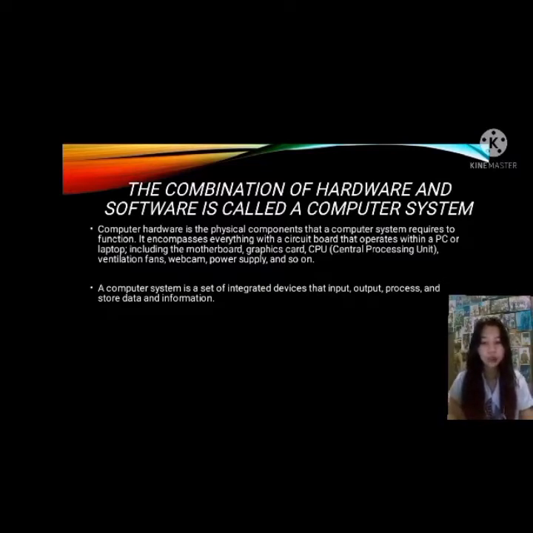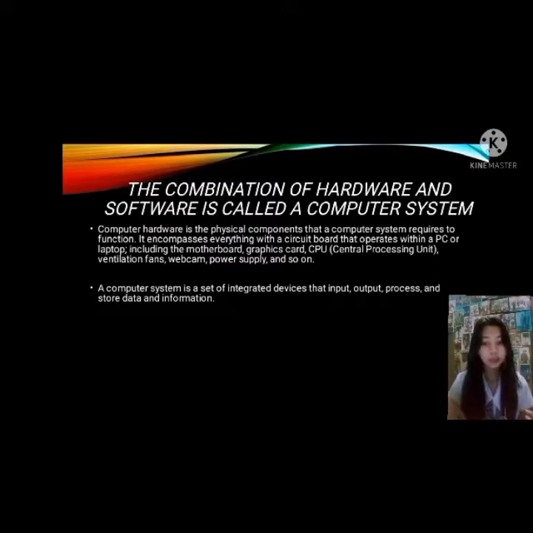It includes the motherboard, graphics card, CPU, ventilation fans, webcams, power supply, and so on. And so the combination of hardware and software is called a computer system, which is a set of integrated devices that input, output, process, and store data and information.